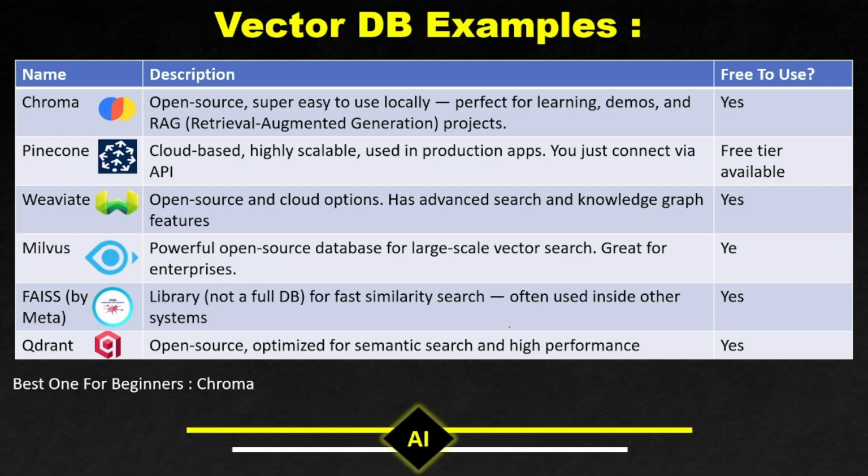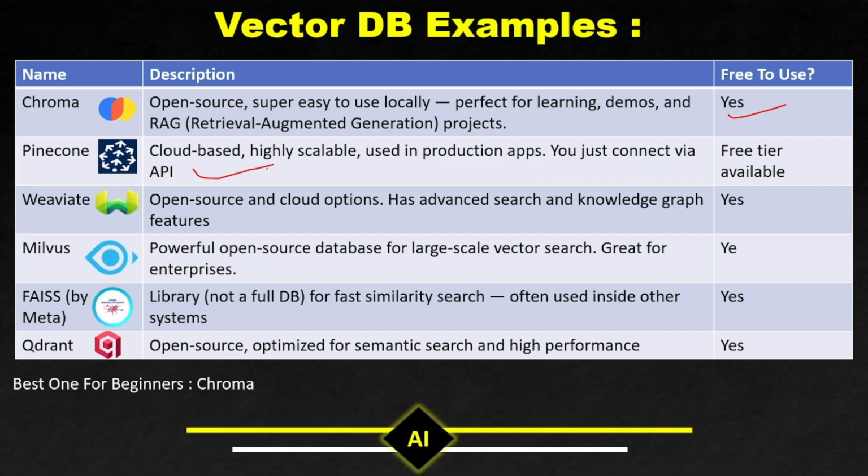We will go and see a couple of vector DB examples. The first is Chroma. Chroma is open source, super easy to use locally, and perfect for learning demos and RAG, that is retrieval augmented generation, projects. Is it free? Yes. The next is Pinecone. Pinecone is cloud-based, highly scalable, used in production apps, and you just connect via an API.